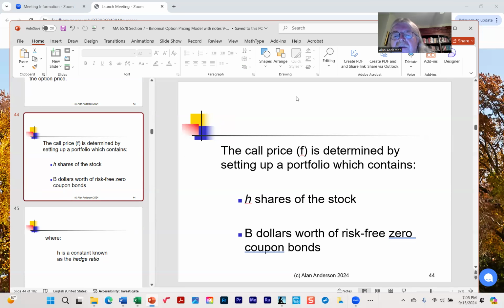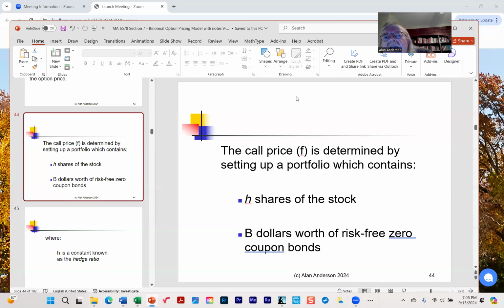So it's written on some common stock. And so the replicating portfolio consists of only two things: shares of the stock and treasury bonds. Okay, that's it. Now, this matters a great deal because the treasury bonds are considered to be risk-free. That means all we need is a combination of these two, and we have a portfolio whose cash flows will exactly match the option.